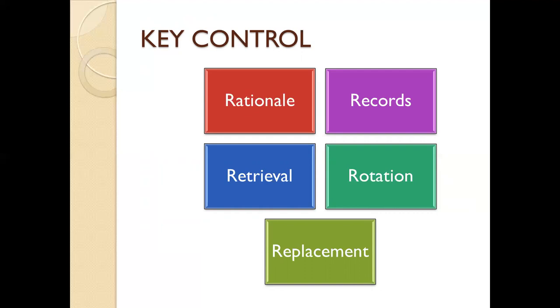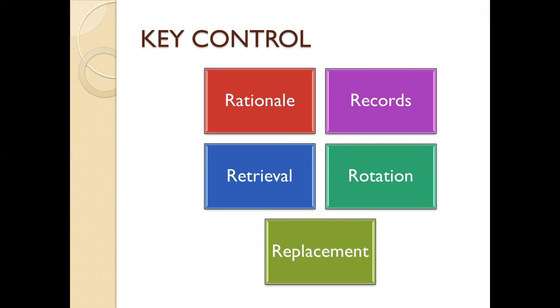So whether mechanical or electronic locks are used, the need for key control is essentially the same. Mechanical systems rely more on continuous management involvement, while electronic systems embody a large amount of key control within the system itself.